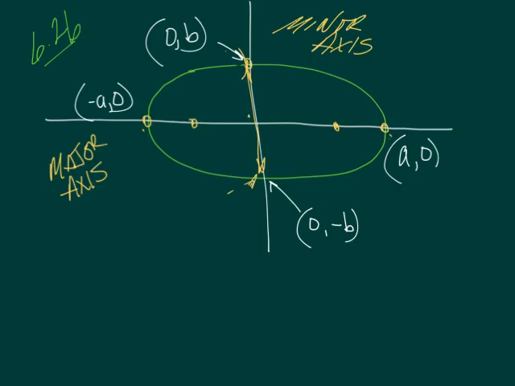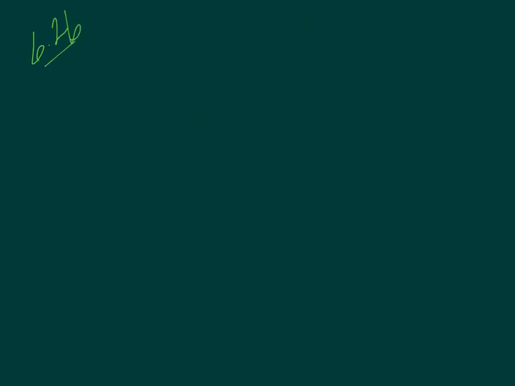Alright, so let's look at the top of page 537 and check out some formulas there in order to graph these. And the formula that we're going to look at first is the standard equation of an ellipse with the center at the origin. And that formula looks like this. And for the most part, the A value, this one right here, is the major axis.